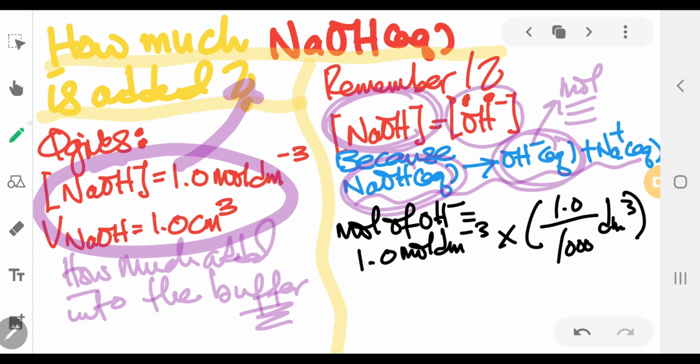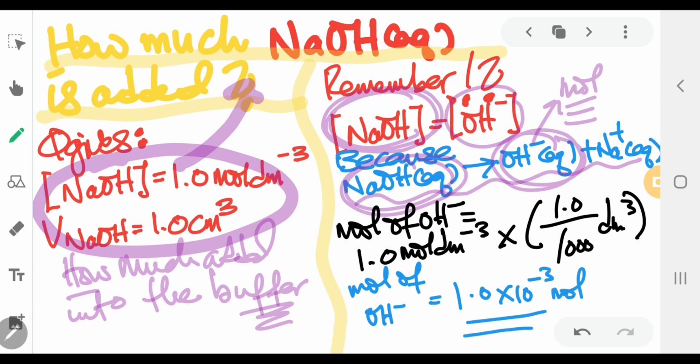Okay, because we need to change this. This is centimeter cubic, so we have to change it. Therefore, mole of OH minus is about 1 times 10 to the power of negative 3 mole.